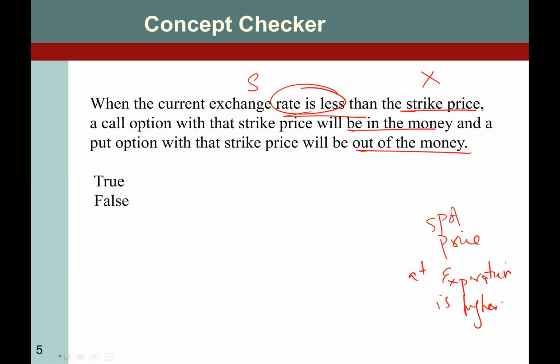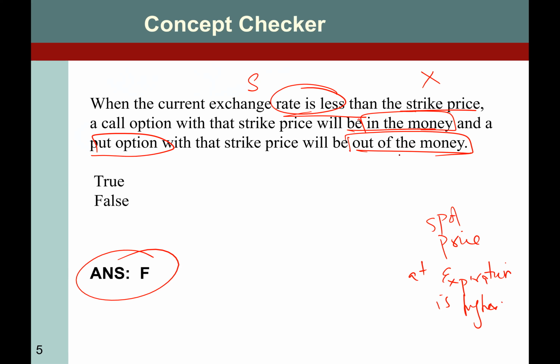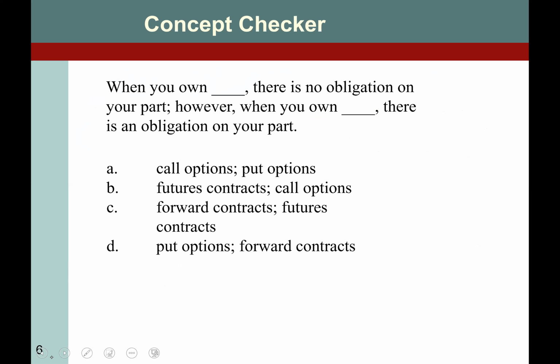So that's why it is false, right? So it should be out of the money. When this is out of the money, then of course, the put option is the opposite of the call option. It will be in the money. Now answer this question. So everyone read it by yourself so that you can answer.